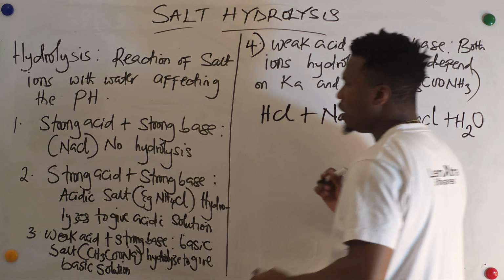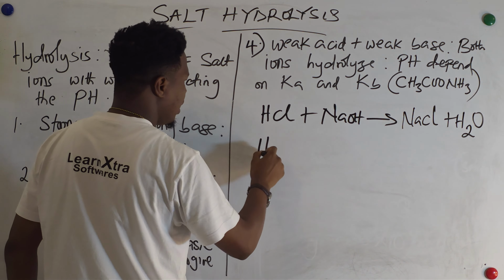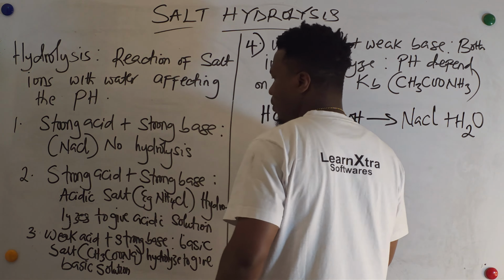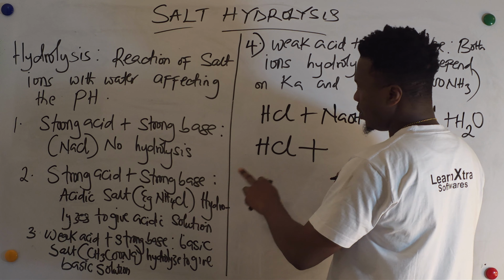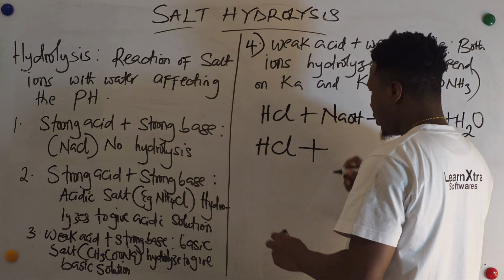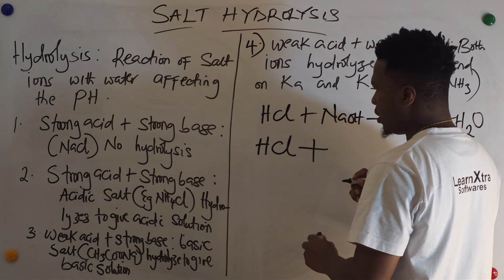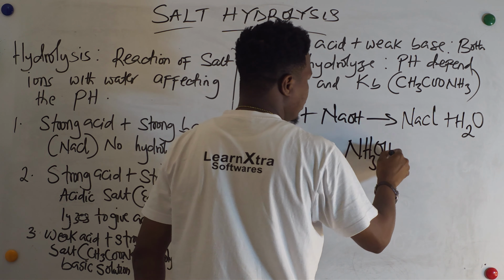Now, look at number two. Let's say we have a strong acid, hydrochloric acid, plus, since we have ammonium chloride here, what are we going to use to give us this ammonium chloride? Let's use ammonium hydroxide, okay?